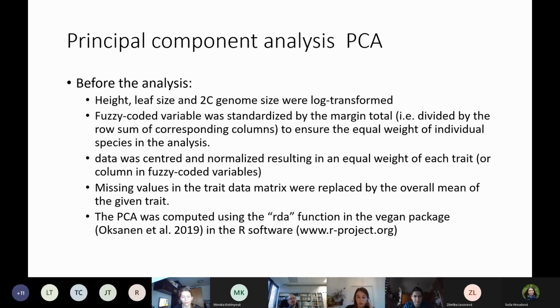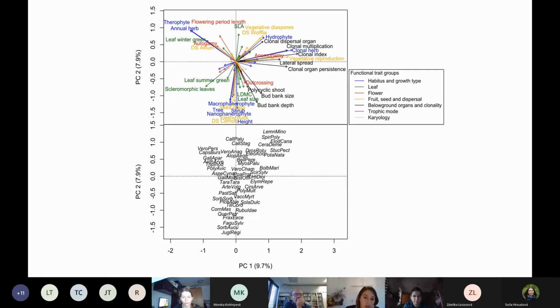We used the vegan package, the function RDA in the R software, to calculate the ordination. So this is our first result, which shows the first 2 axes of the ordination. Here we have the most related traits to each one of the axes. And here we have the species that are also more related, or a subset of the species showing all the range of the trade-offs.